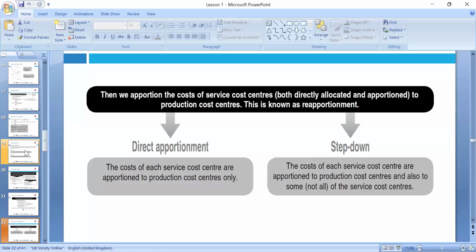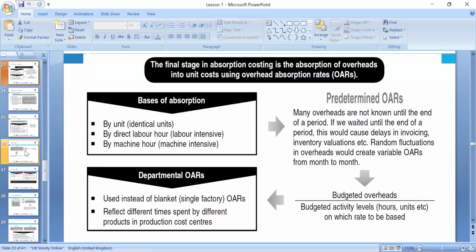A different method we can use is direct proportion, as step-down cost, where one department's cost shifts to another department on the basis of some proportion. One of the methods is called absorption costing or absorption overhead rate. Absorption overhead rate means on what basis you absorb the cost into the product.